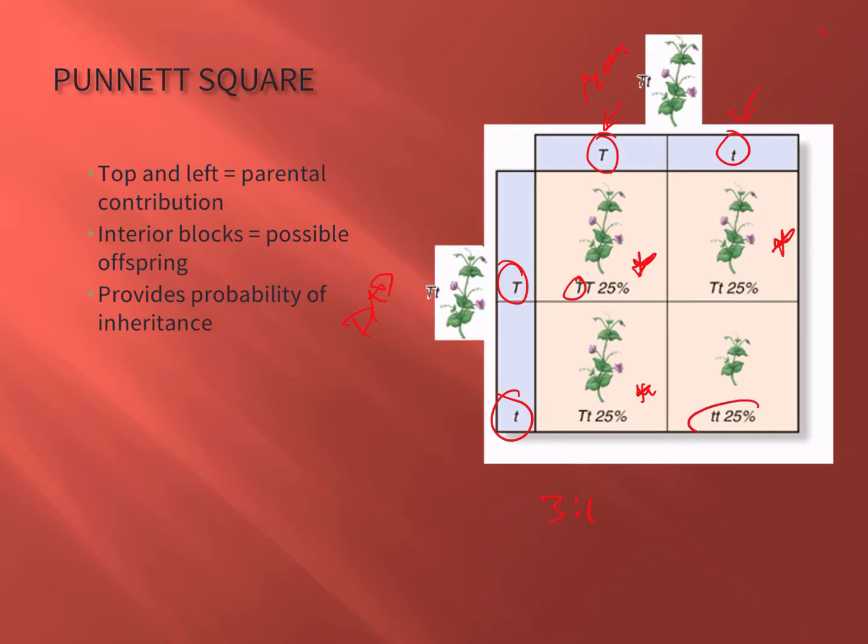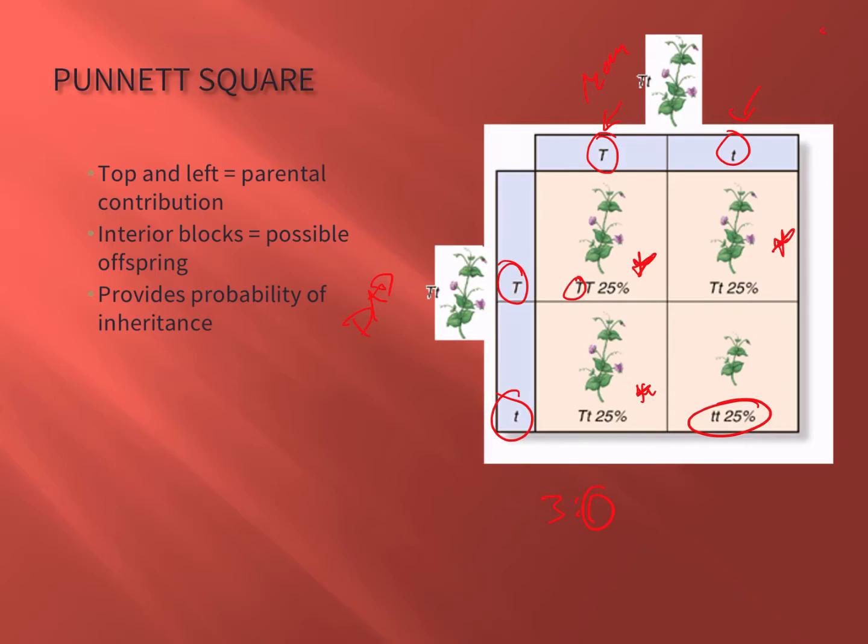Now, if we look at the one, in this case the 3-to-1, the lowercase t, that's two copies of the recessive gene, which is the only time in normal Mendelian genetics where you would see whatever that difference is. In this case, it's going to be the shorter plant. Okay, and so this is a 3-to-1 ratio.